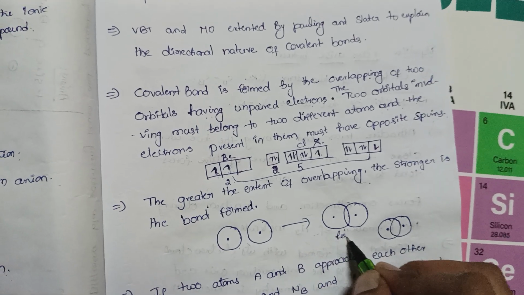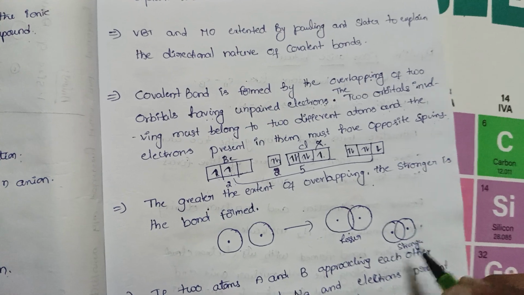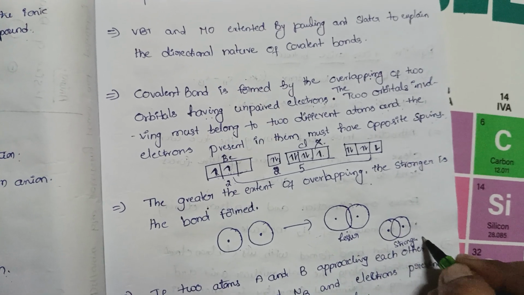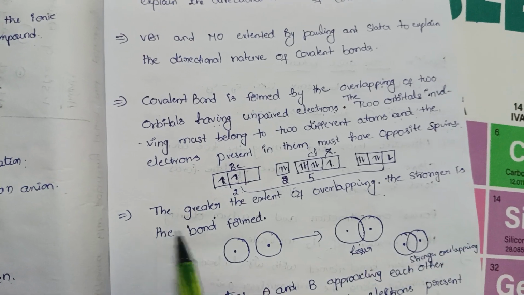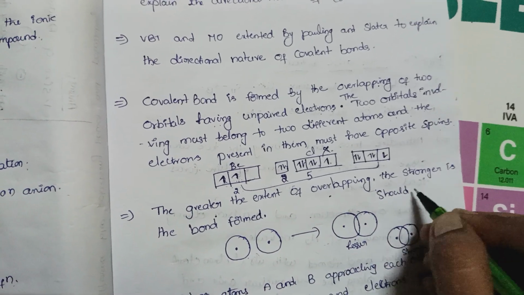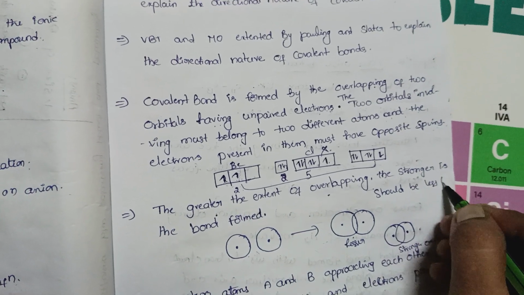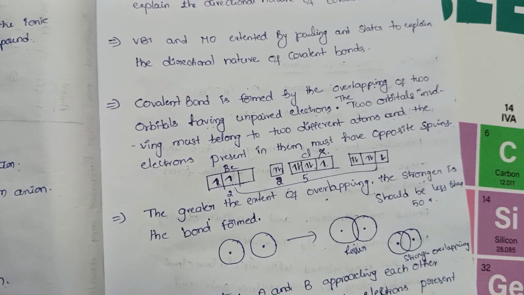Lesser overlap, weaker bond. And the overlapping should be less than 50%.